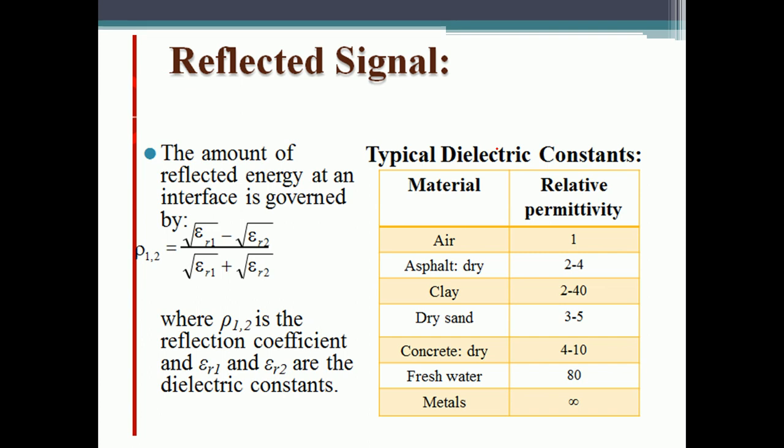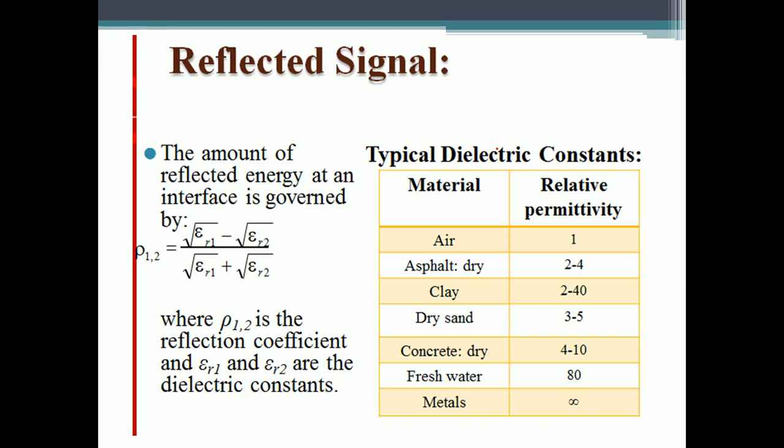Based on that, we can record the time of the reflected waves. If the wave hits clay or sand, which has a different dielectric constant, the time travelled from the point of hitting back to the transmitter is counted. So different materials have different dielectric constants here.